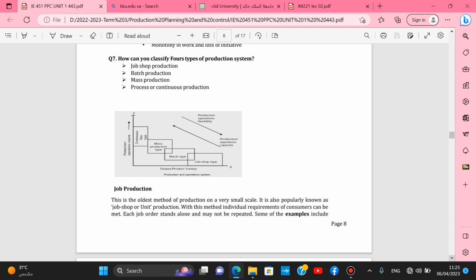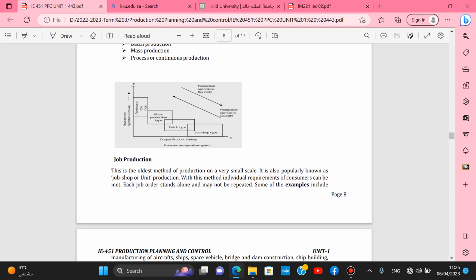You see here this graph which shows what is the variety of products and the volume of production for each type of production. For example, here the job type, we have great variety in the products, but the volume is low.